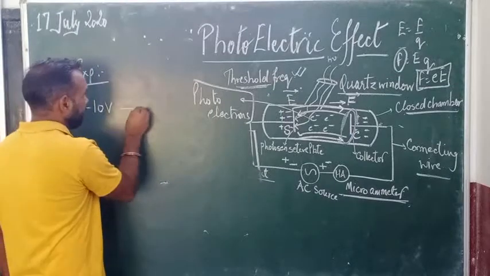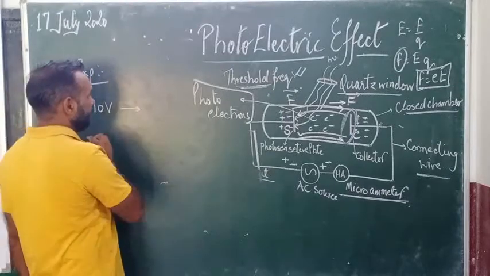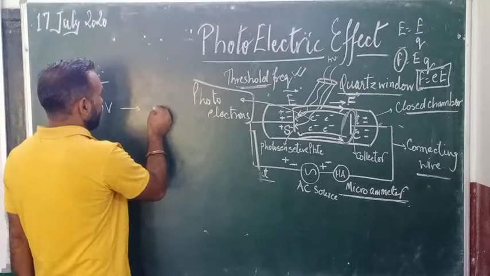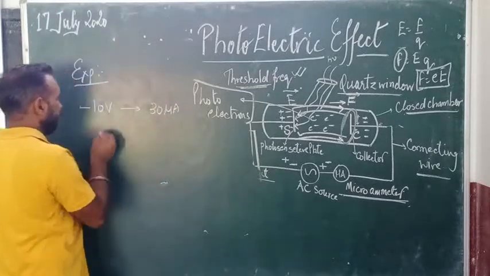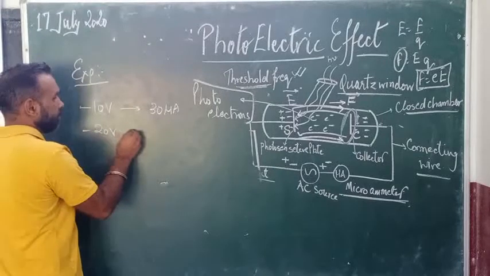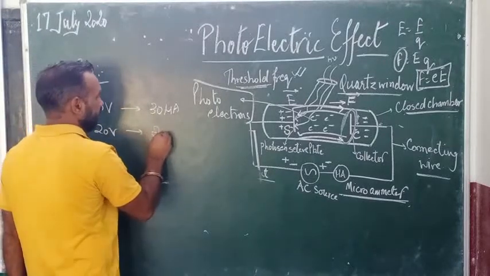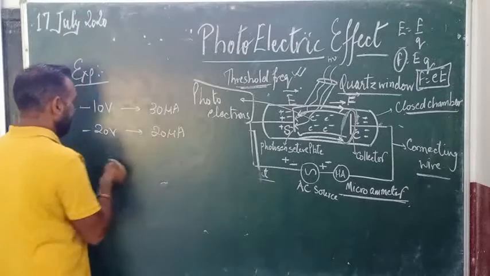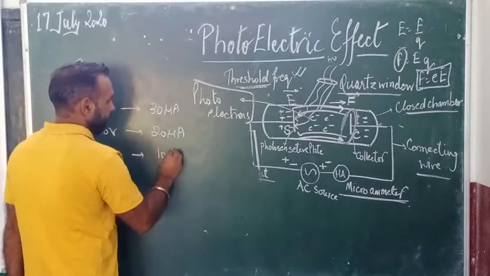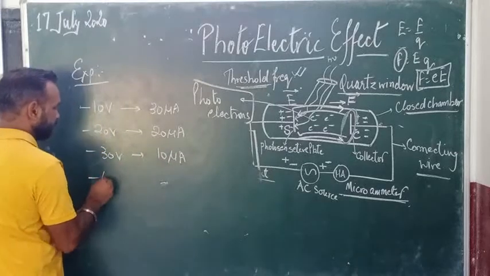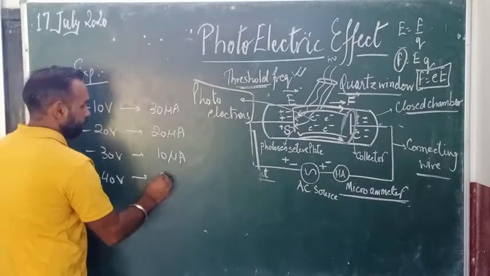So for example, like it was seen through experiment, it was seen that when the voltage in negative was 10 volt, the current was 30 microampere. Okay, when minus 20 volt, it is 20 microampere. When it is minus 30 volt, it was 10 microampere. And when it was minus 40 volt, it was 0 microampere.